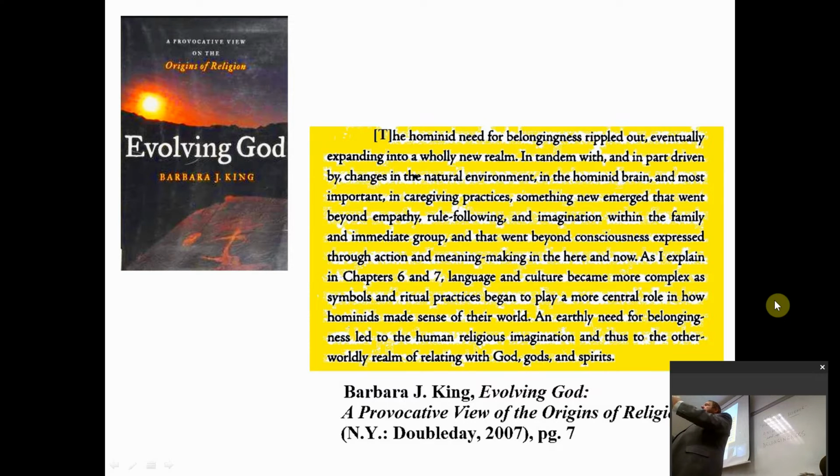So it evolves from the belongingness that we all have together as hominids, as human beings, but she says it goes deeper than that. It expands to include some transcendent society as well. Gods, spirits, a God. And this is evolutionary.